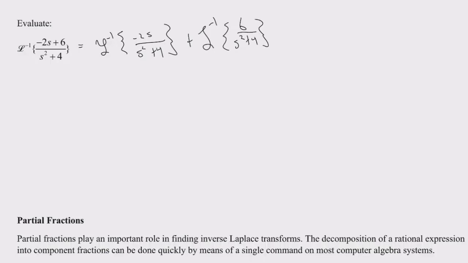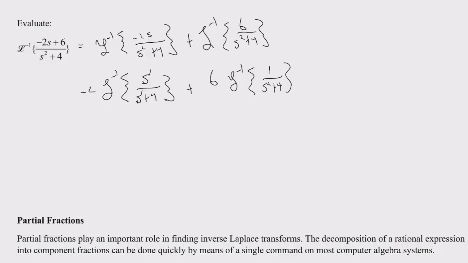All right, so that's kind of the first part of what the linearity property says, is that I can split this up into two separate functions. Additionally, I can factor out constants. So I can bring that negative 2 and that 6 outside. So let me do that. So we have negative 2, and that's going to give me an s over s squared plus 4. And then here I got the 6. So that's 1 over s squared plus 4.